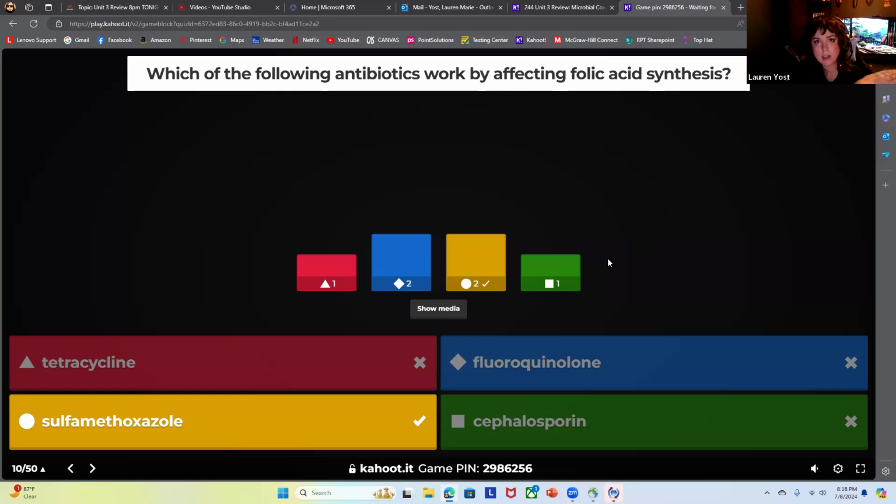But for bacteria, they make their own folic acid. They can use things to generate folic acid. So they have pathways that they go through to make folic acid. And we can stop that process in a lot of different places by inhibiting the enzymes involved in those processes. We would say, as we learned in Unit 2, that would be competitive inhibition. So we're binding at the actual active site typically with these drugs.